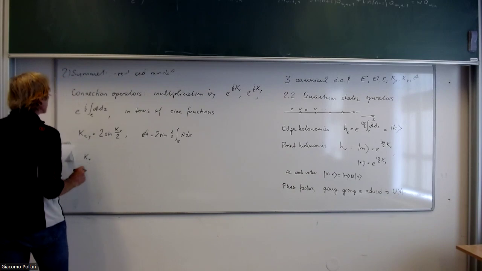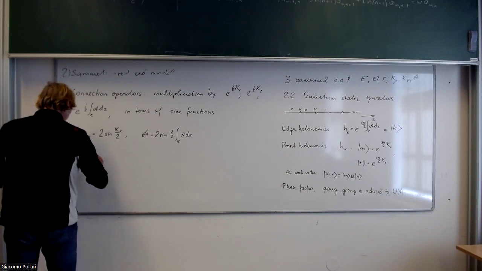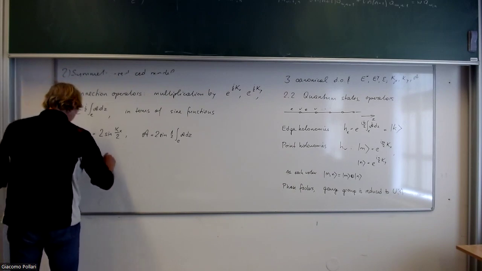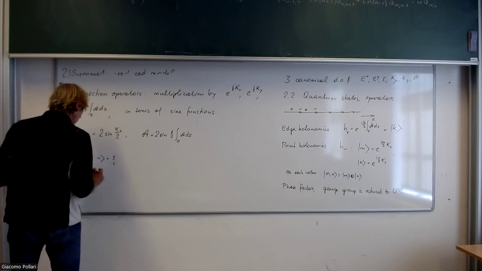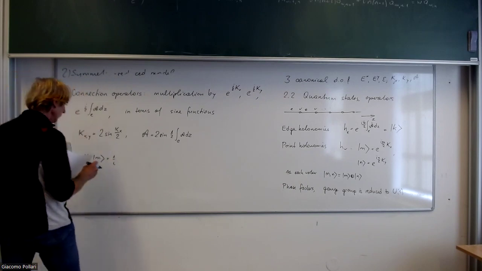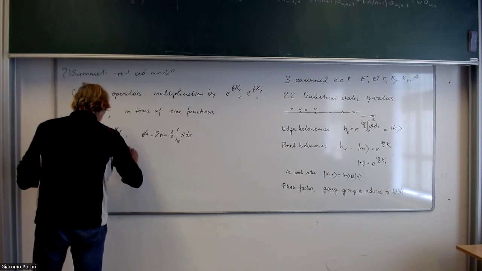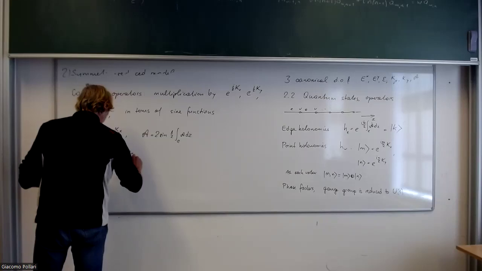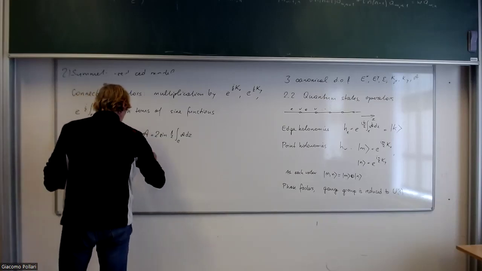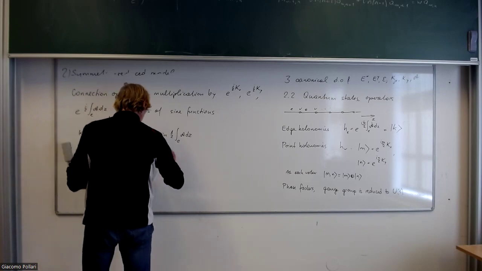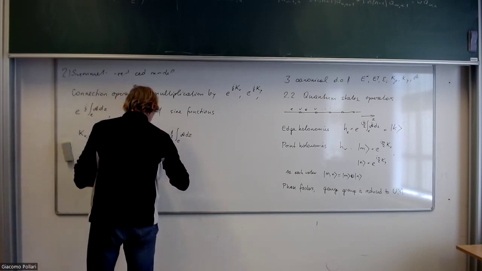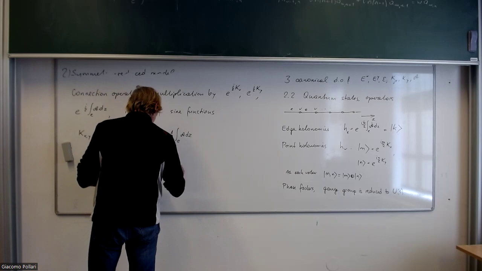The connection operator kx when it acts on state n is 1 over i times 2 sine, where e to i k x half minus e to minus i k x half, e to i n half kx.